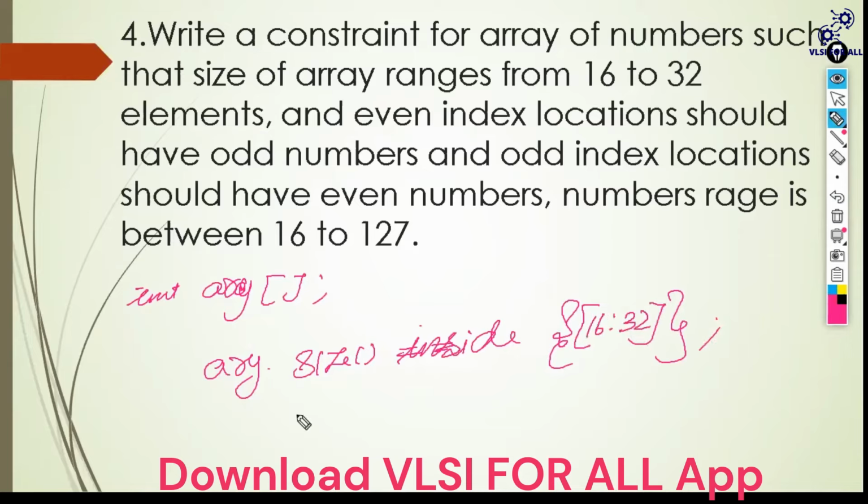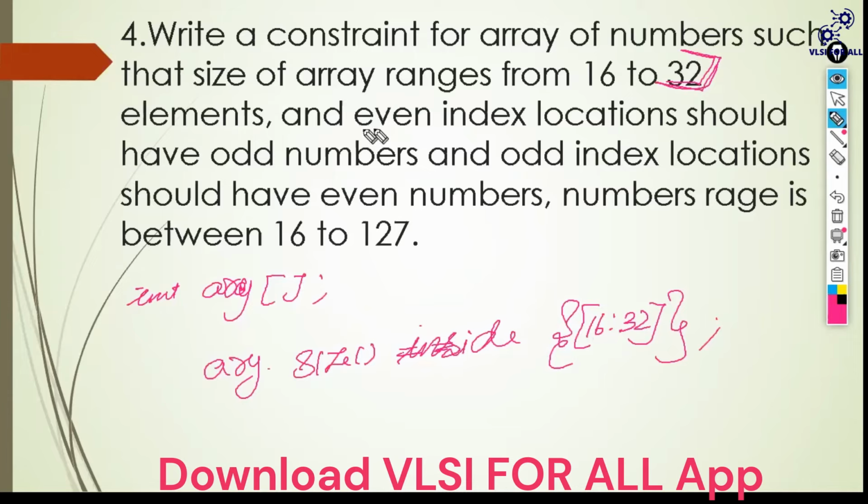So it will give me an array whose size will be from 16 to 32. So we have done up to this, right? If we run this, it will generate an array whose size will be between 16 and 32.